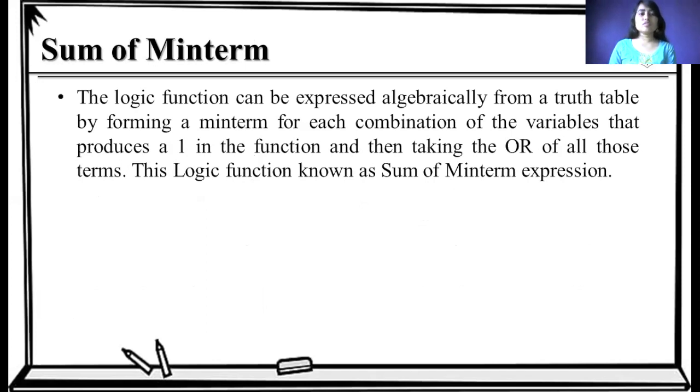A logical function can be expressed algebraically from a truth table by forming a minterm for each combination of the variables that produces a 1 in the function, and then taking the OR of all those terms. This is known as the sum of minterms expression.